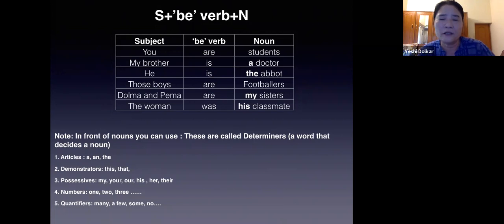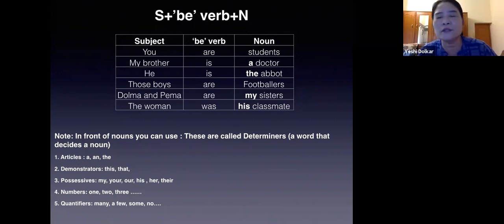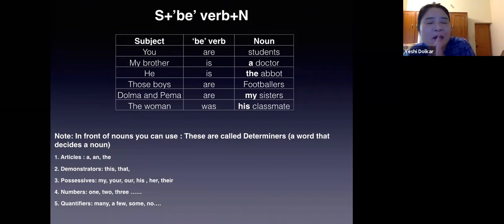Do you understand? Yes. So if you have, this is a useful book, this is an useful book. Why? Because this sound U is not a vowel sound.